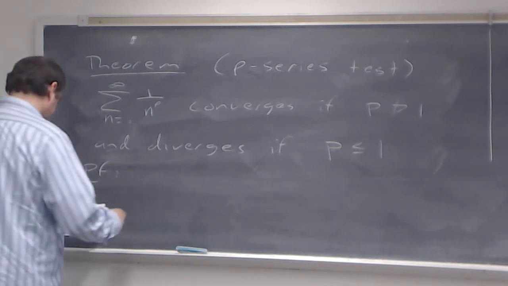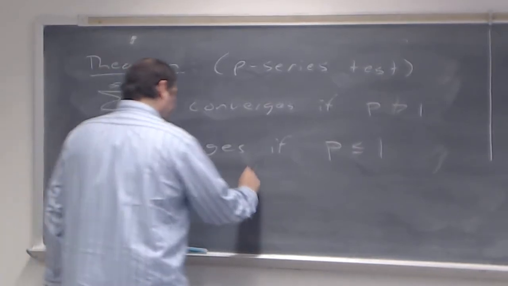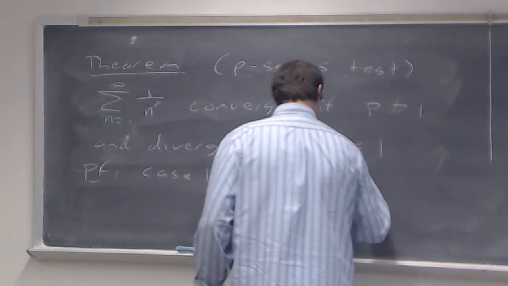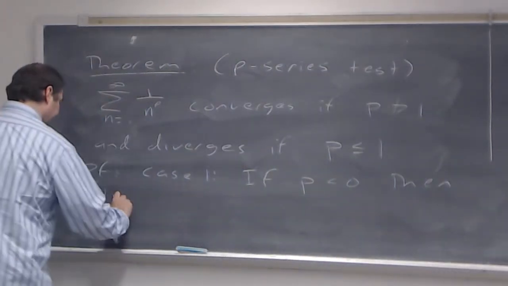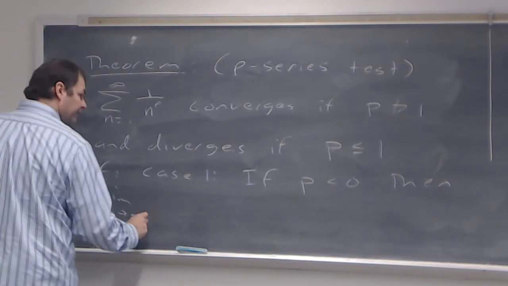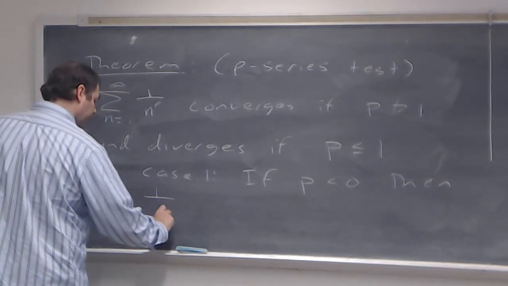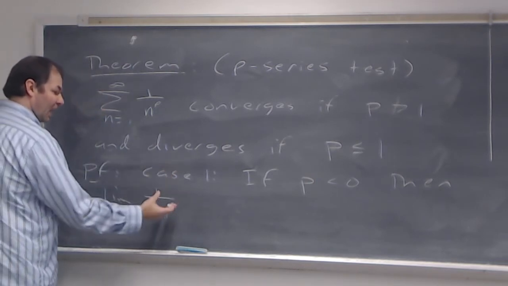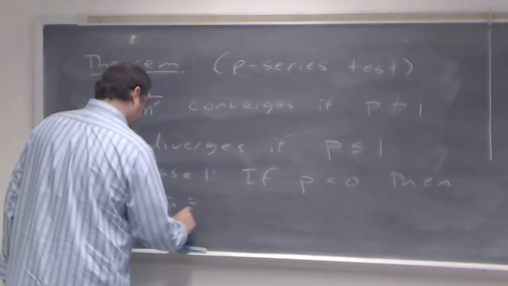As it's proved, we consider cases. Here's case 1: if p is less than 0, then consider the limit as n goes to infinity of 1 over n to the p. With p being negative, that really is n to a positive number, and as n goes to infinity, that's going to go to infinity.